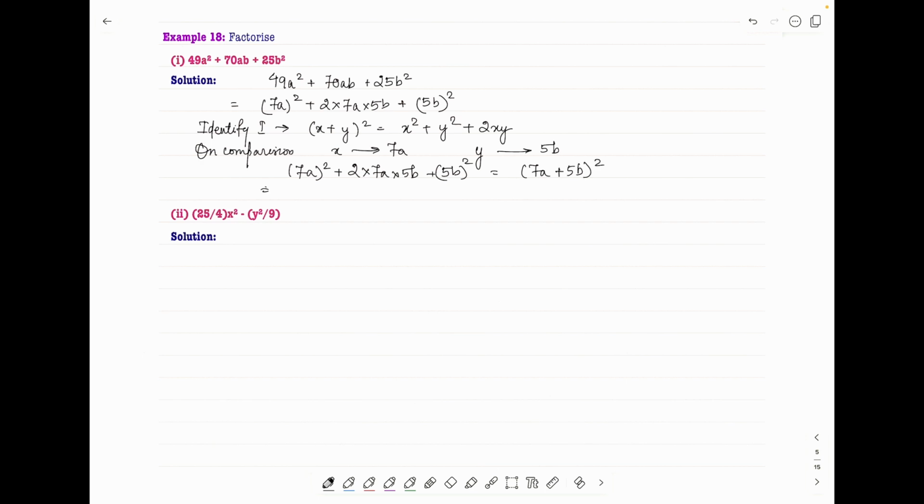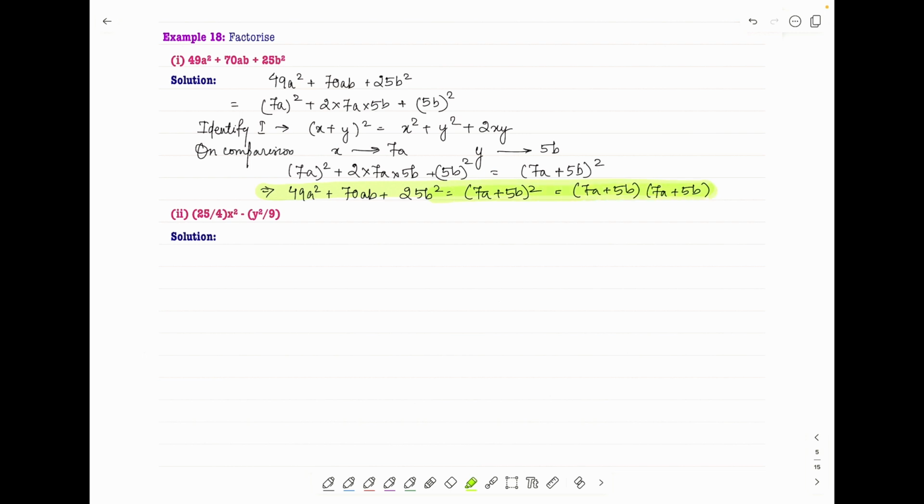So from here we get that 49a square plus 70ab plus 25b square is equal to 7a plus 5b whole square. This is the factorization, that is 7a plus 5b into 7a plus 5b. This is the factorization of this equation.